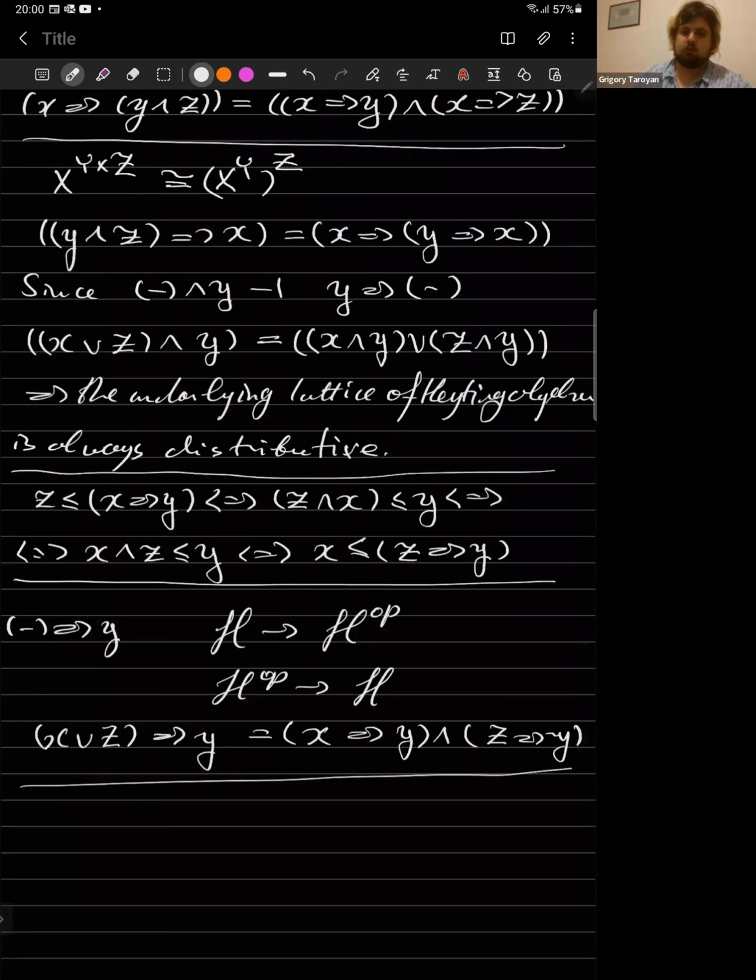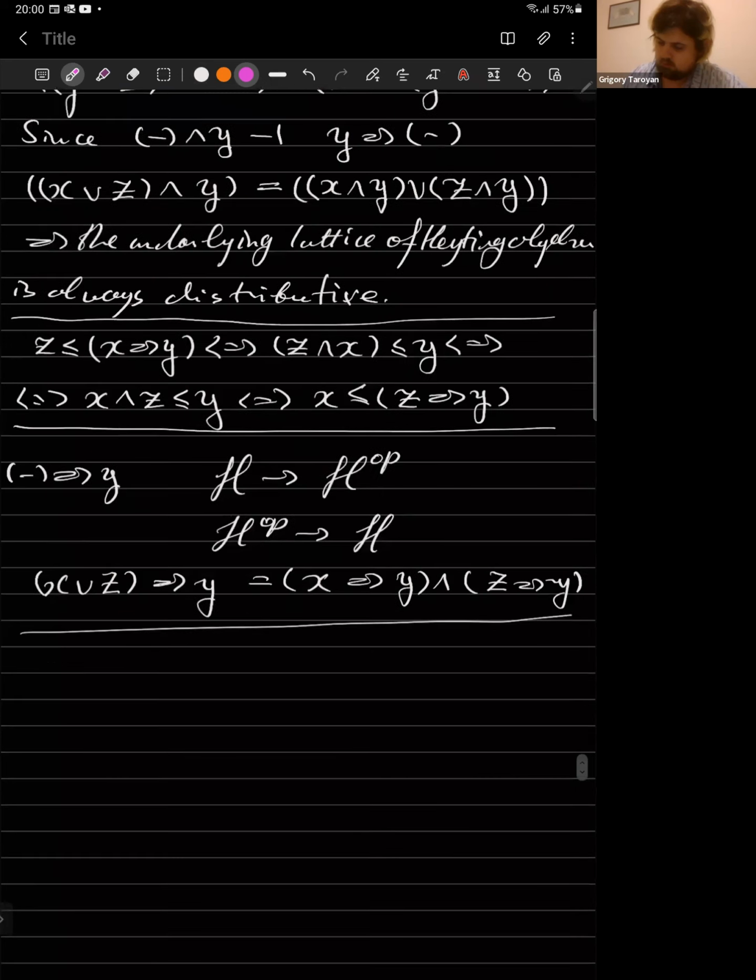So now I want to demonstrate one of the reasons why we're interested in Heyting algebras. I already said that they model topological spaces, but another reason is that for any presheaf category, the subobject lattice of an object forms a Heyting algebra.